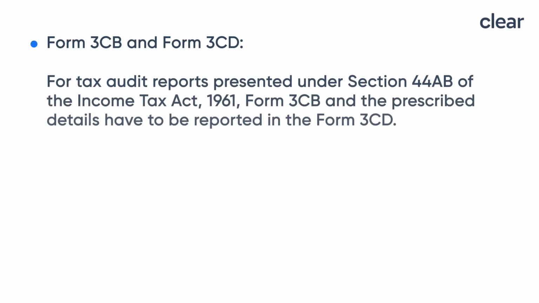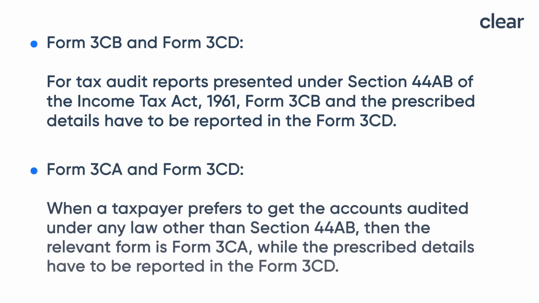For tax audit reports presented under Section 44AB of the Income Tax Act 1961, Form 3CB and other required details are to be reported in Form 3CD. But when a taxpayer prefers to get the accounts audited under any other law other than Section 44AB, that is other than Income Tax Act, then the auditor has to furnish Form 3CA and the other required details are to be reported in Form 3CD.